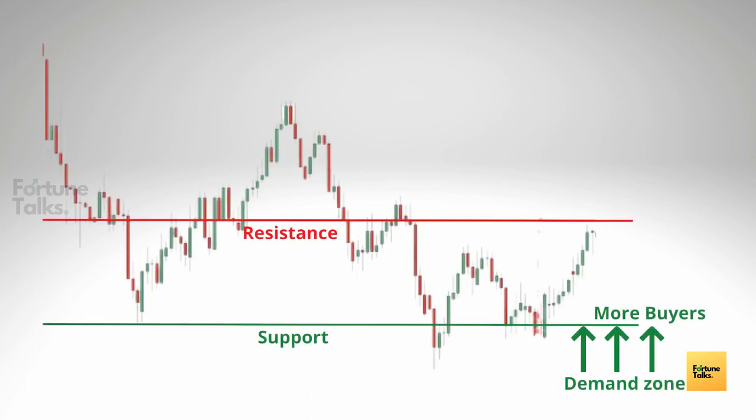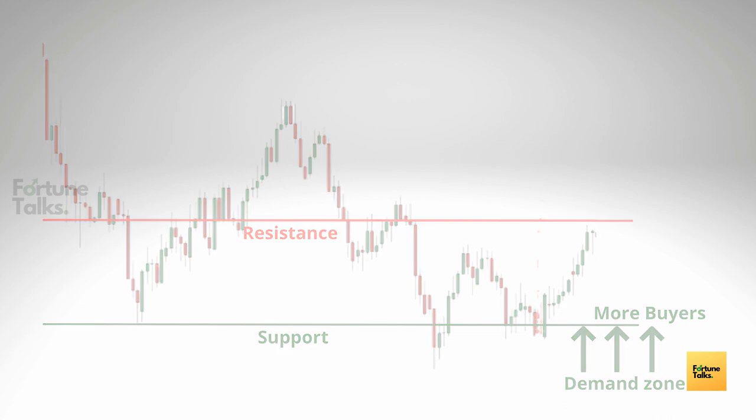The chances are that buyers would always love to buy at an area of support. So it is obvious from the market structure that the buyers would wait for the price to retest or reverse to the particular support level so that they can buy or they can go long.